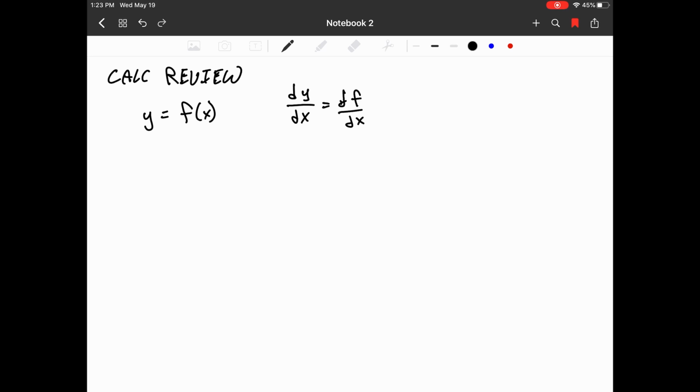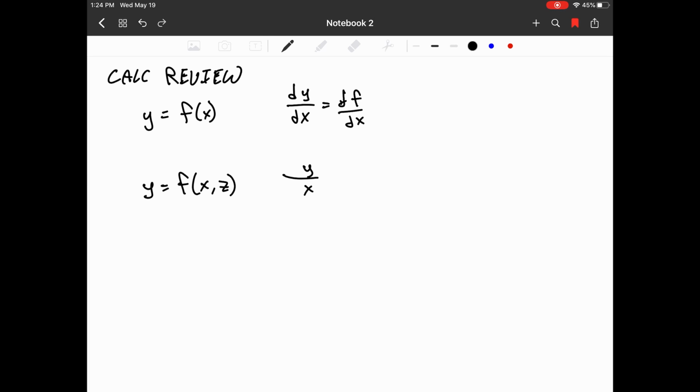But when we have multivariate functions like we do here, so let's write out y is equal to two variables, so f of x and z, and we want to take a derivative, so we care about changes in y with respect to x. We use slightly different notation.